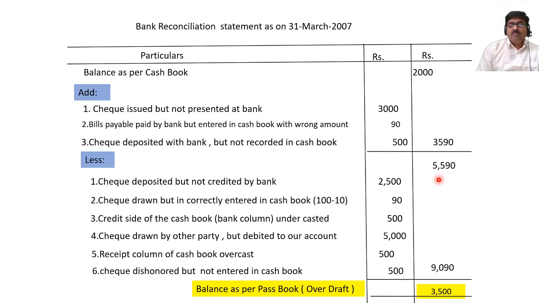Now what we have to write is balance as per passbook overdraft. So we began the statement with the favorable balance, that is cash deposit in the bank, whereas we ended up with the balance as an overdraft. So after rectification we will get that amount.